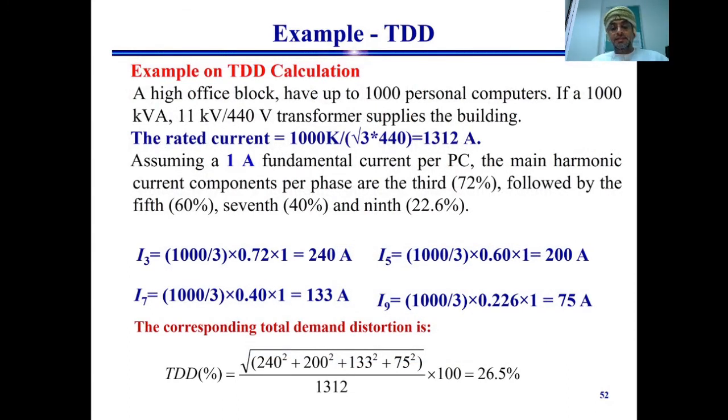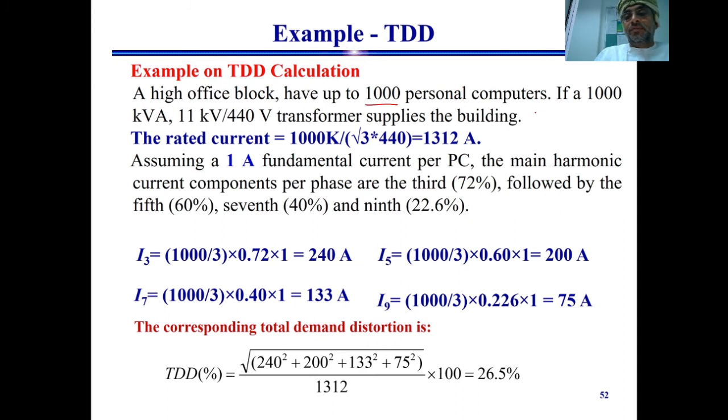Again, this is another example. We have an office block that has 1000 computers, and a 1000 kilovolt ampere transformer is used to supply the building.